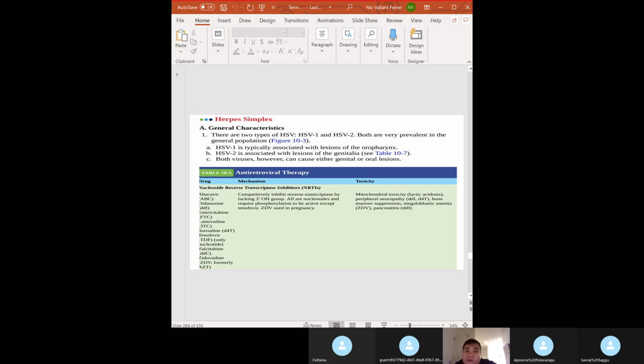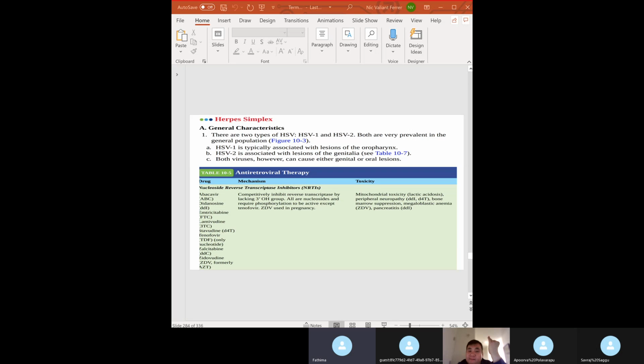Okay. Question. Can you give me diseases that indicate AIDS? If you have this disease, probably you might have AIDS. Candida? Like esophagitis, Candida? Okay, good. Invasive candidiasis. What else?